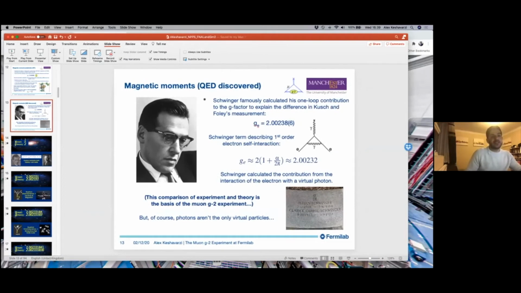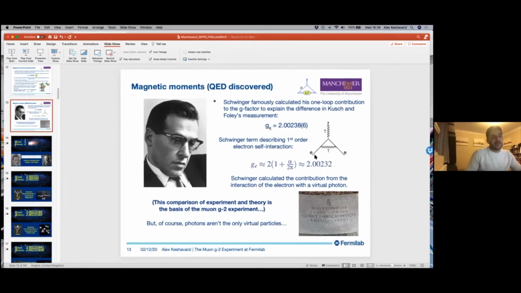But what happens is that this is a virtual process in the sense that the electron or the muon that interacts with this photon, without that virtual photon there, is just a tree level process. Okay, so imagine we want to measure the coupling constant of that interaction there, the point where the photon and the electron meet.